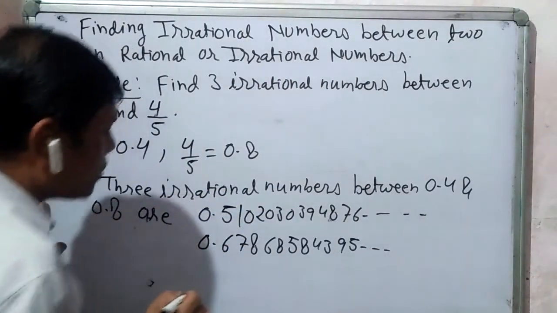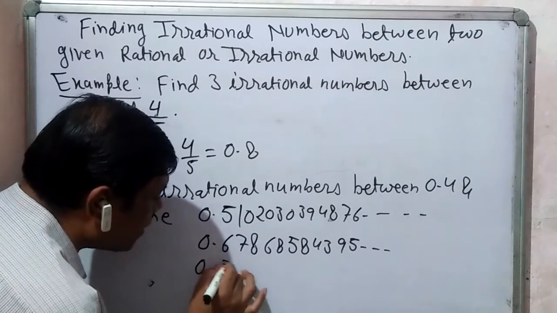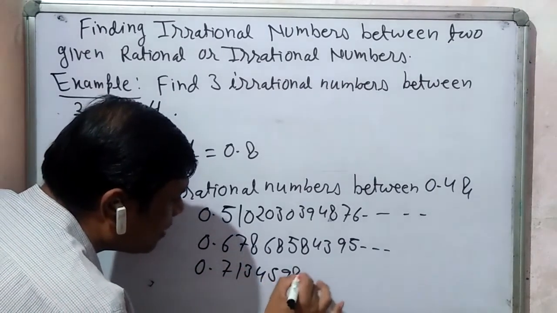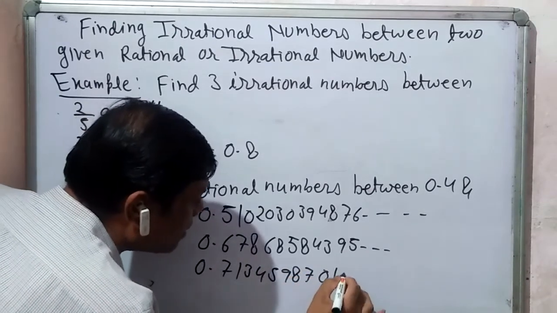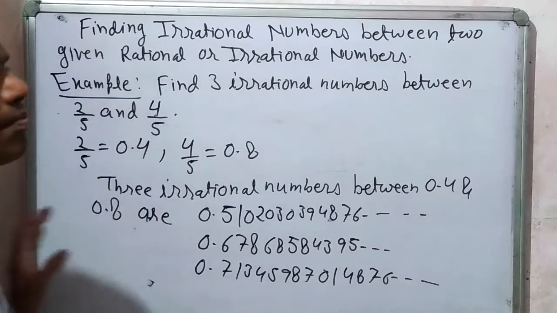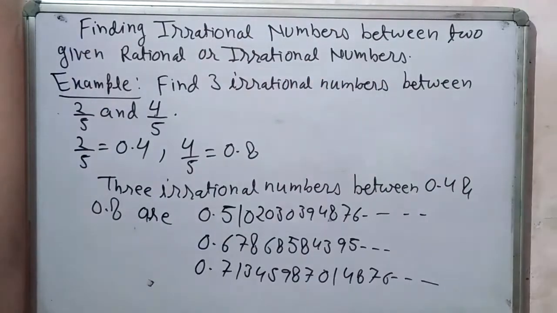We may write one more as maybe 0.71345987014876, and so on. So that is a method for finding more irrational numbers between two rational numbers.